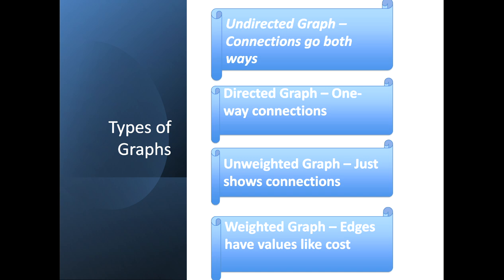First one, undirected graph. So that is to connect, go both ways. Like if we have object A and object B in the graph, the direction will be from A to B and B to A. It is both ways. For example, in Facebook, the relationship between two users is from user A to B and B to A as well.